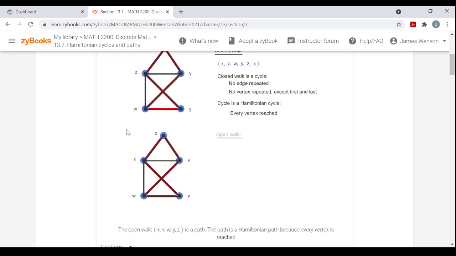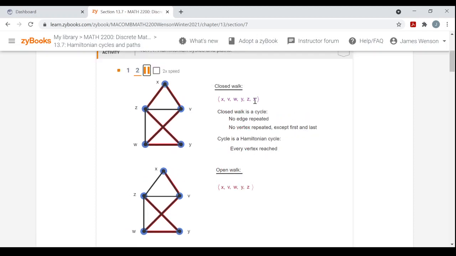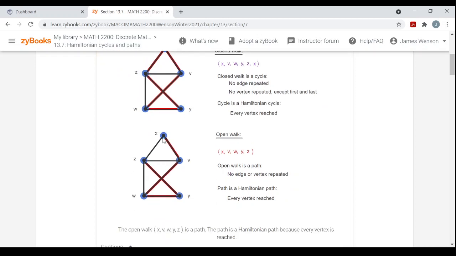This next picture. To make a Hamiltonian cycle into a Hamiltonian path, you just remove that last edge. See, all they did was remove the edge from Z to X. And here I have from X to V to W to Y to Z. It's an open walk. The vertex in the beginning is different than the vertex at the end.